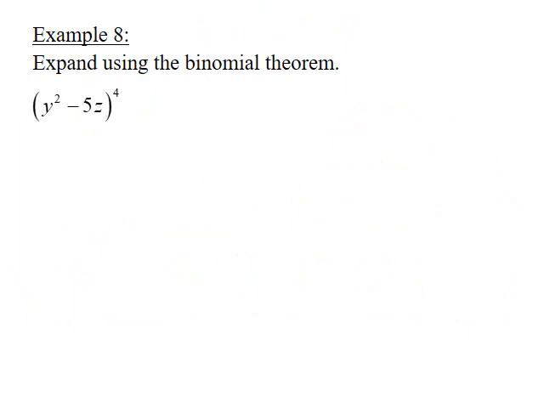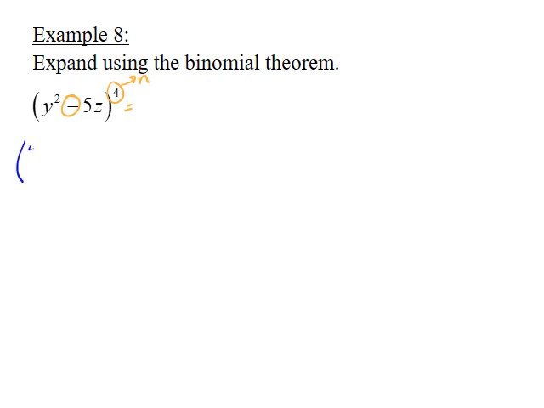I want to do another example, and you are certainly welcome to try this one on your own, but before you do, I want to point out one major difference. The major difference is this minus sign here. So as you are expanding this, be very cautious of this minus sign. Okay, so as we expand this, remember 4 is n.